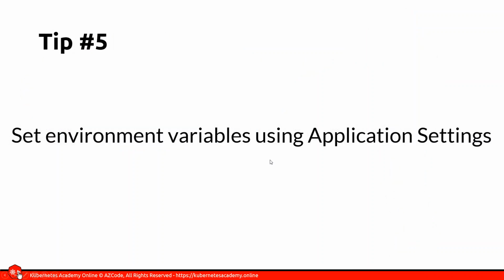Well, we will do that using the same application settings that we did earlier when we set the website's port to 8080. We'll use the same technique, and the value will be injected as an environment variable inside our container. So let's try to do that.